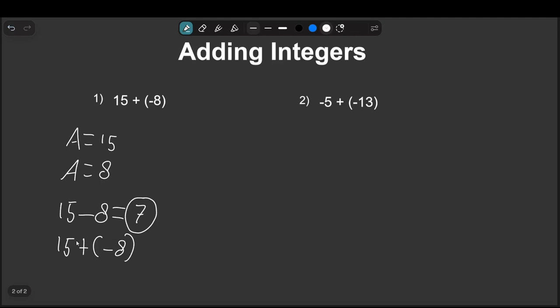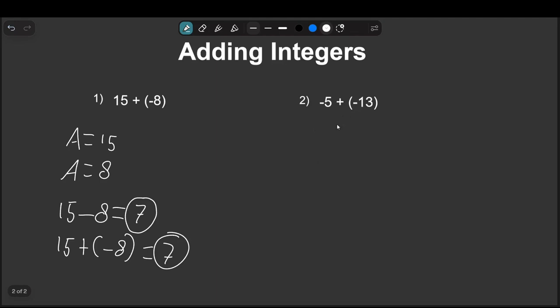This basically says we are adding a minus 8 to 15. So we can see this as what we just did, 15 minus 8, or 15 take away 8, because we are adding a minus to our positive number. If you just type it into your calculator, you will also get the same answer of 7.